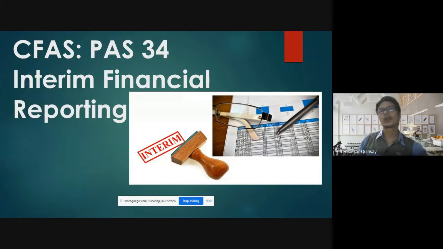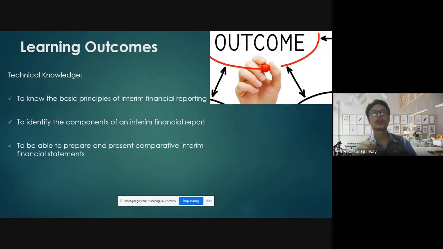So, like we said, we're going to talk about interim financial reporting. This is under PAS 34. Before we begin, know the basic principles of interim financial reporting. What is the underlying principle here?